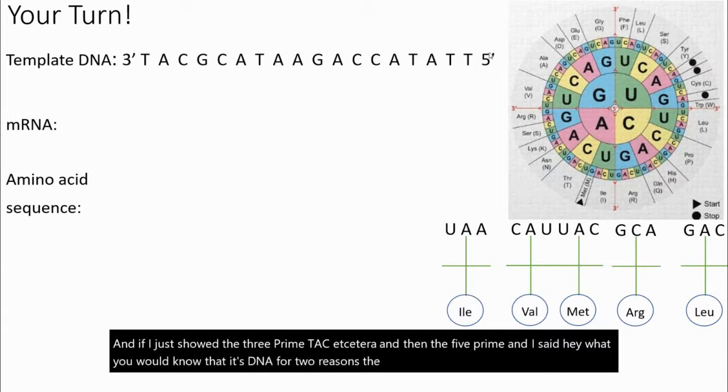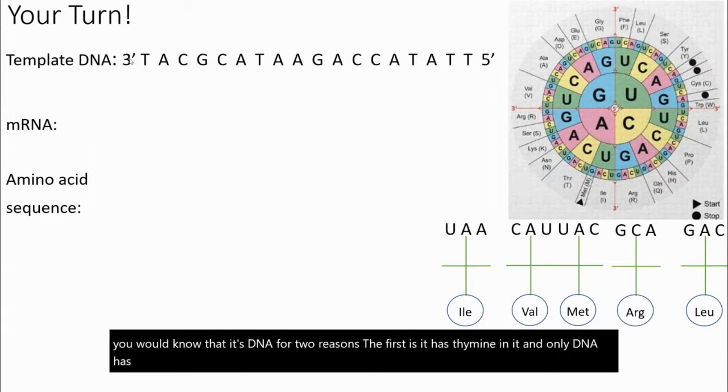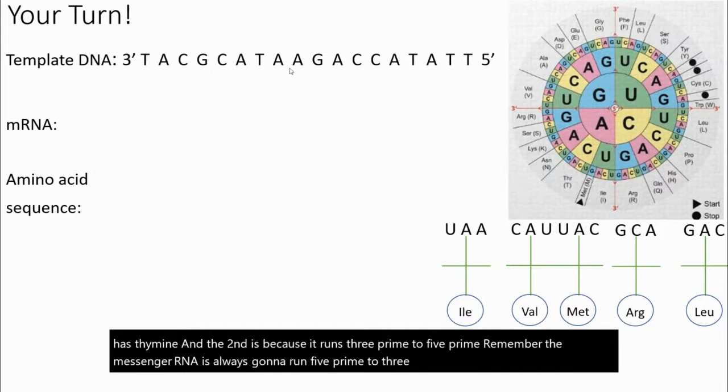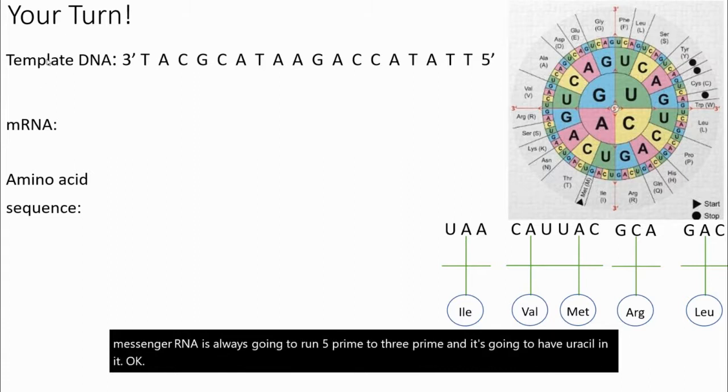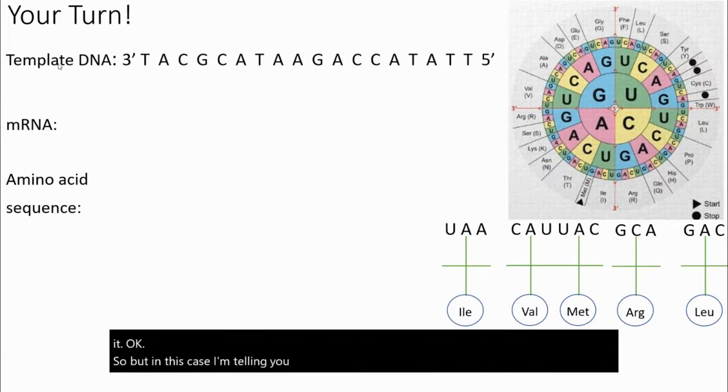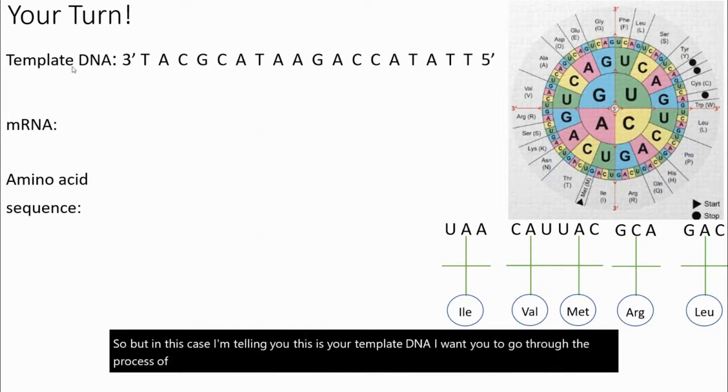The first is it has thymine in it, and only DNA has thymine. And the second is because it runs 3' to 5'. Remember, the messenger RNA is always going to run 5' to 3', and it's going to have uracil in it, okay? But in this case, I'm telling you, hey, this is your template DNA. I want you to go through the process of gene expression.